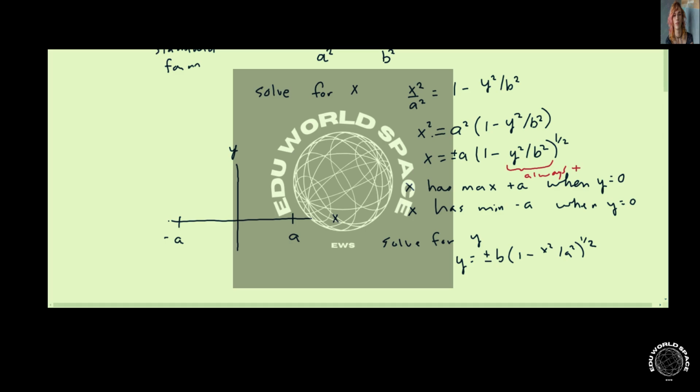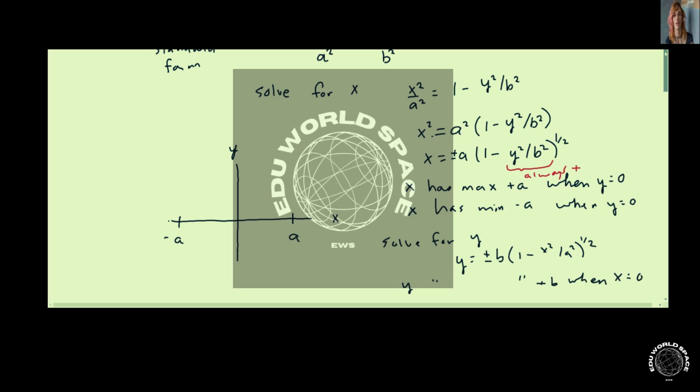And again, we can see that y, as long as it's real, is going to be stuck between. Y has a max equal to plus b when x equals 0.